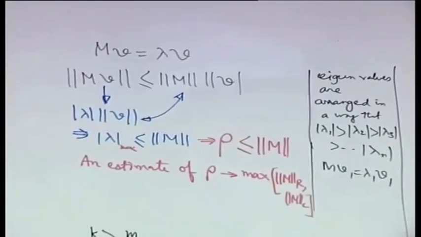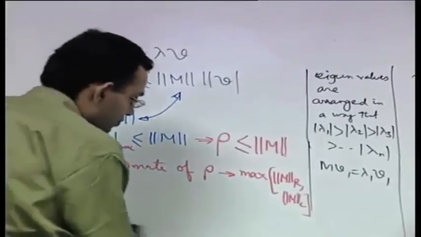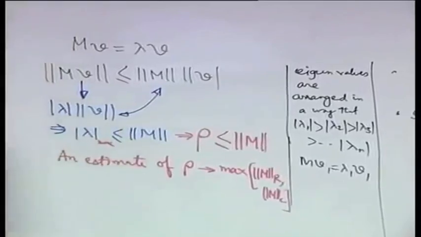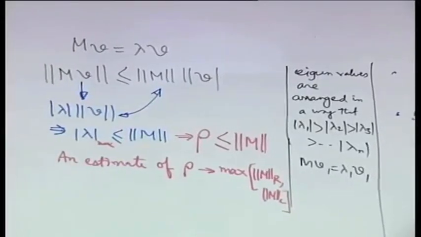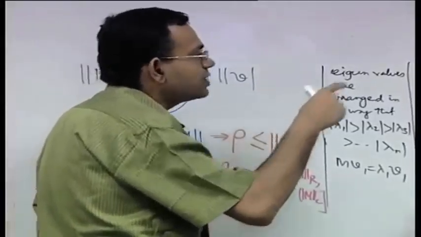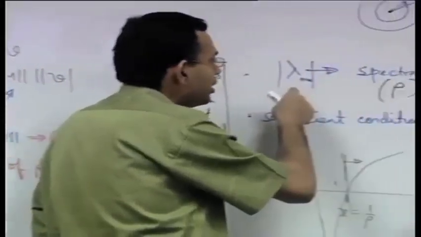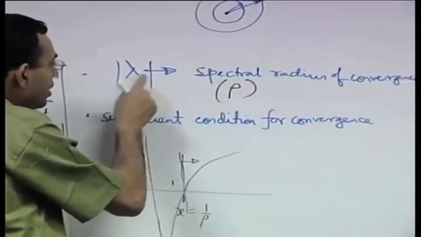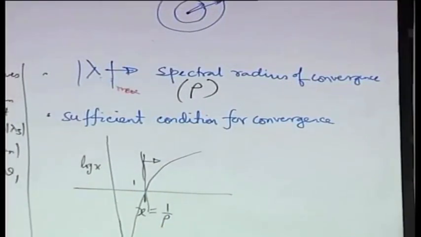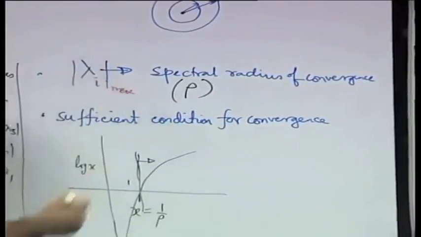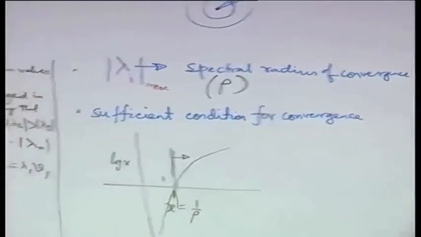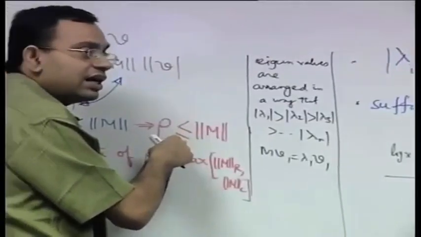That is, out of these two types of norms, whatever norm is the maximum one, remember that you have to keep the maximum of the lambda, mod lambda maximum out of all lambda i's, less than 1, and norm of M is always greater than that one.